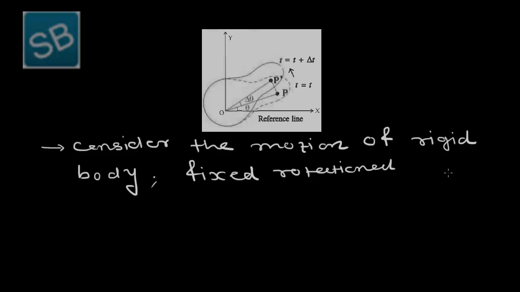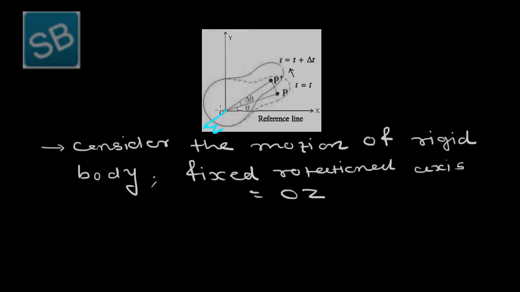It is not actually seen in the figure, but if you see this axis, then this axis is OZ, which is the fixed rotational axis, and our object is rotating about this particular axis that is perpendicular to the plane of paper.